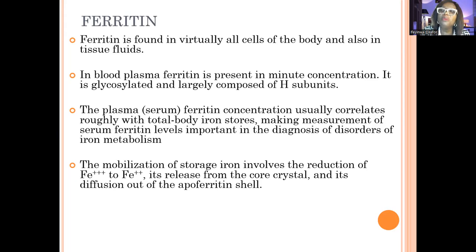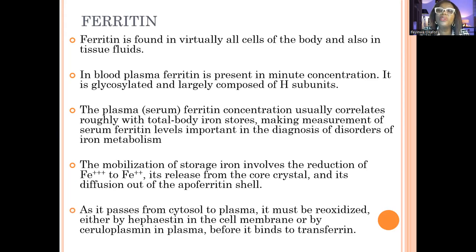For iron to be mobilized from ferritin into circulation, or into transferrin, which is the transport protein, the iron needs to be converted back from iron 3 to iron 2, and also it has to be released from the apoferritin shell. As it passes from the cytosol to plasma, iron needs to be reoxidized again from iron 2 to iron 3.